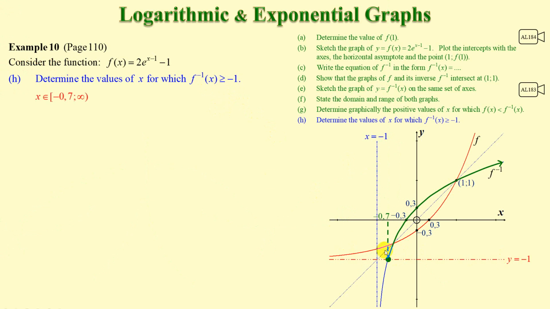So there we are, y equals minus 1 is its asymptote anyway. So from there, it includes that because it's greater than or equal to, and it does cross the asymptote line, and it goes forever upwards and forever to the right. Therefore, approximating, that's about negative 0.7, including with a square bracket, and it goes to infinity.